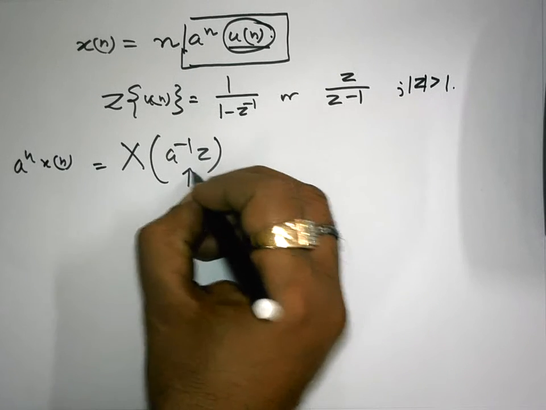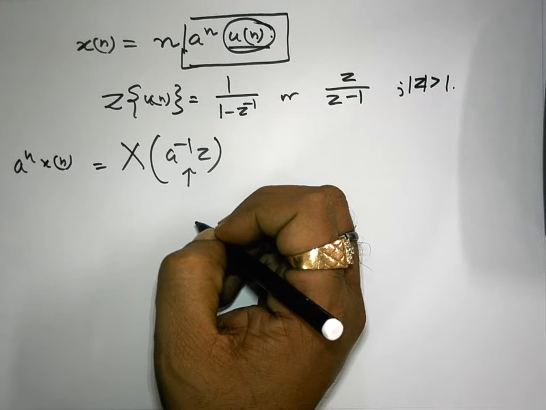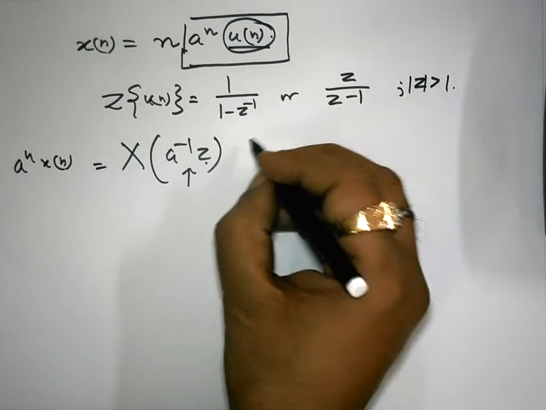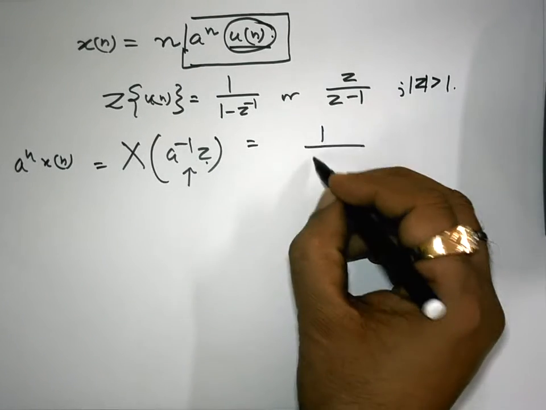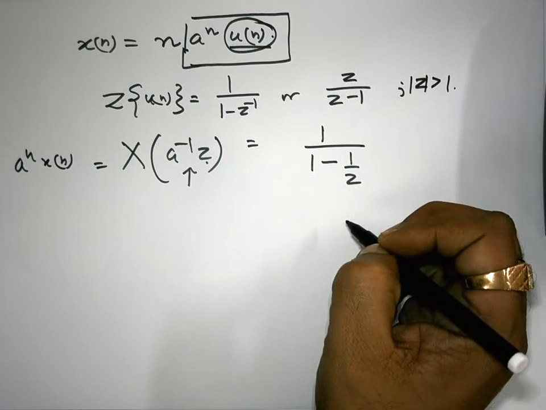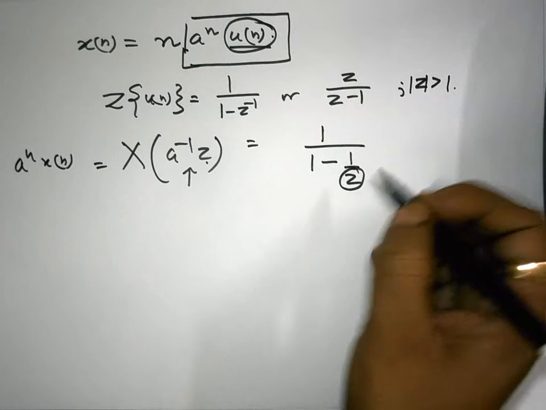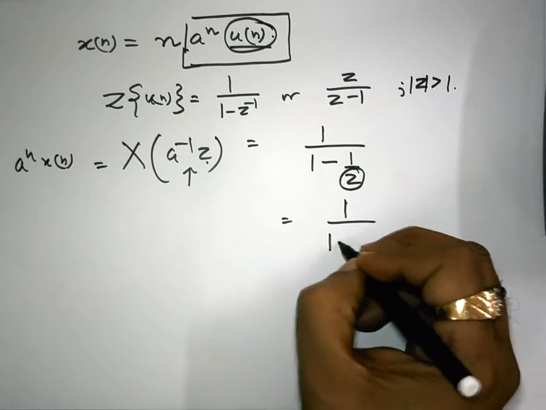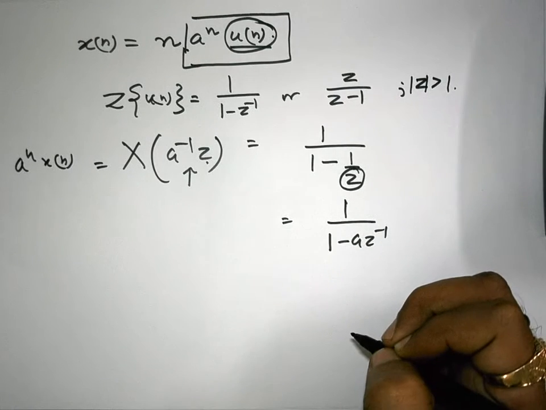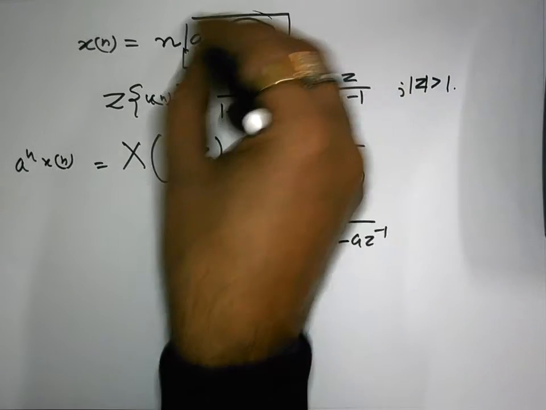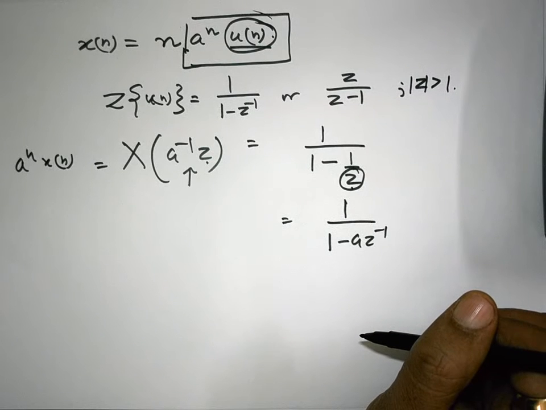Means we will simply replace every z by z by a. So simply if we replace, this is equal to 1 over 1 minus a z inverse. Okay, z is replaced by z by a, so a z inverse. So this is the Z transform of a^n u[n] by using the property.